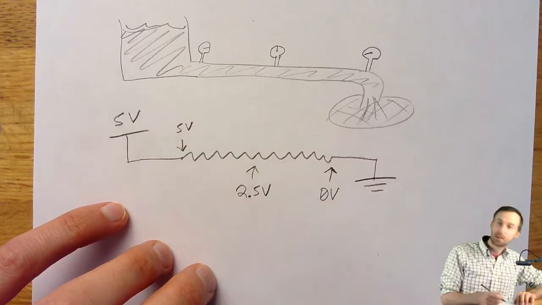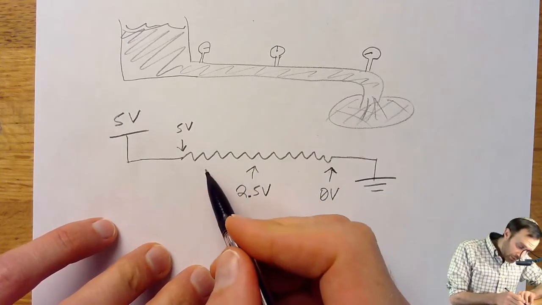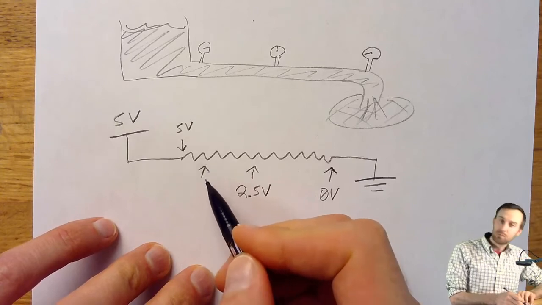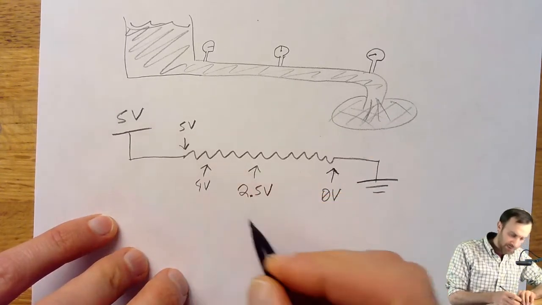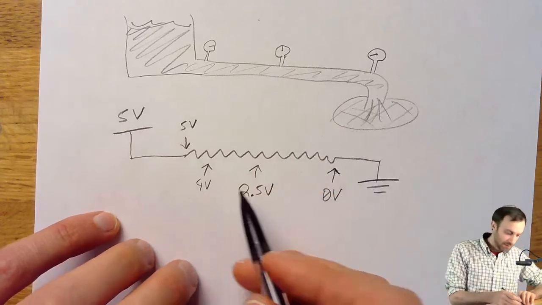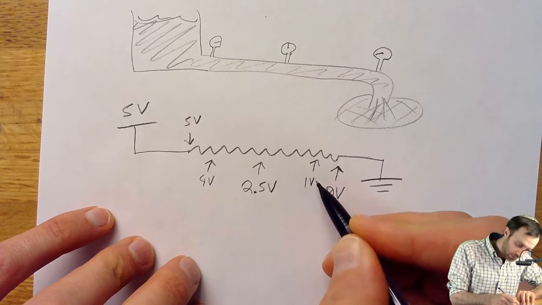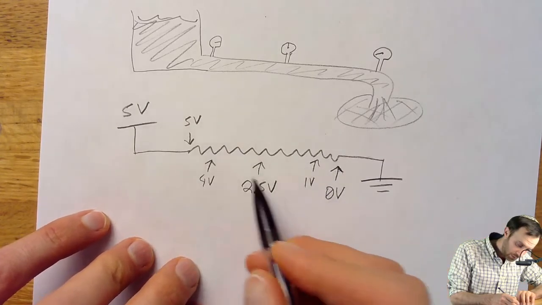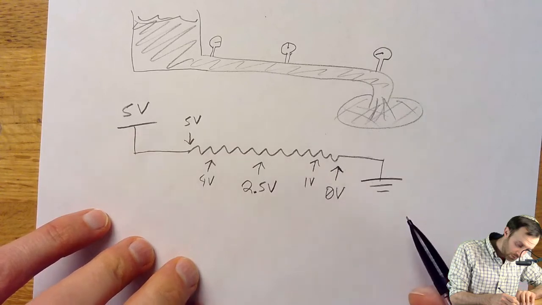And if you did, congratulations, that is correct. What about over here, let's say? Well, there it's going to be about 4 volts or something. Obviously, I'm kind of estimating here. And down here, maybe 1 volt. And it's going to be a linear fall from 5 down to 0.